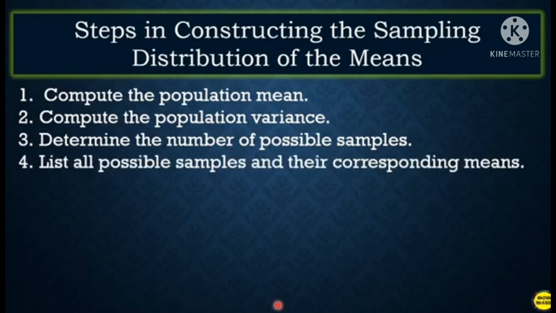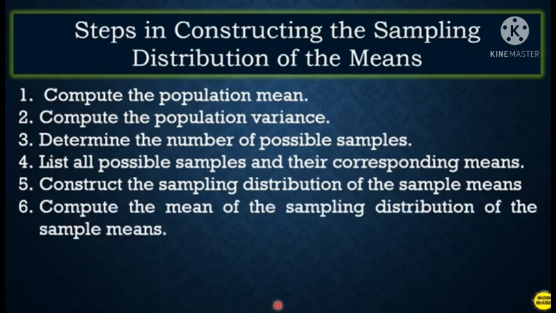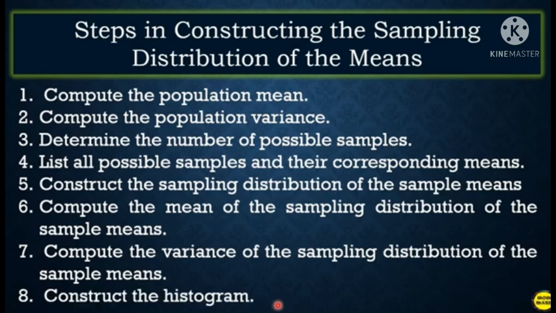Number 4, list all possible samples and their corresponding means. Number 5, construct the sampling distribution of the sample means. Number 6, compute the mean of the sampling distribution of the sample means. Number 7, compute the variance of the sampling distribution of the sample means. And last, construct the histogram.